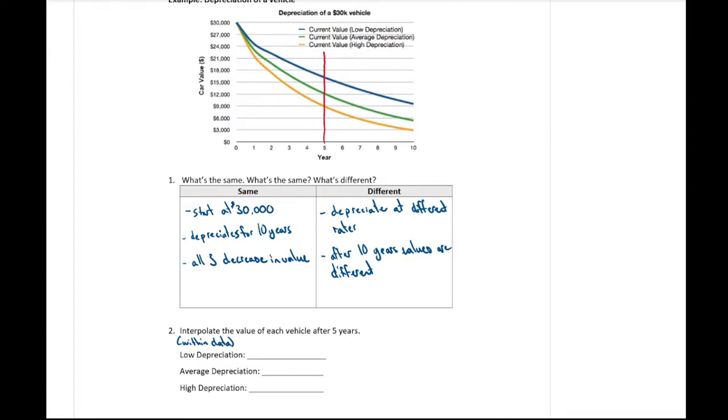So in the low depreciation, or the blue line, it crosses between 18,000 and 15,000. So we could argue that it is roughly 16,000. So after 5 years, the first vehicle or brand is worth $16,000.